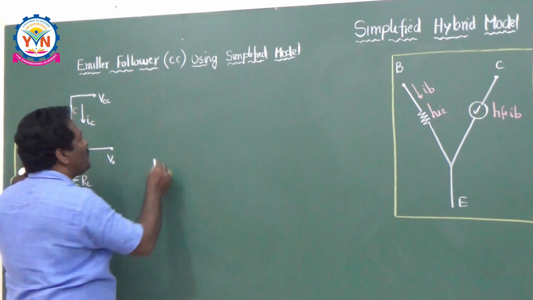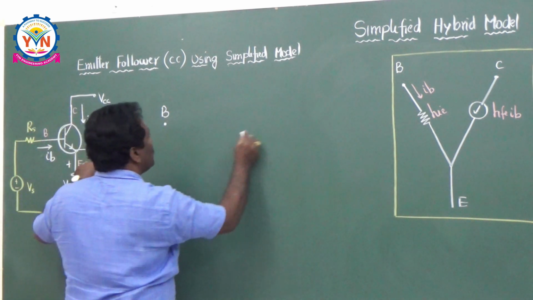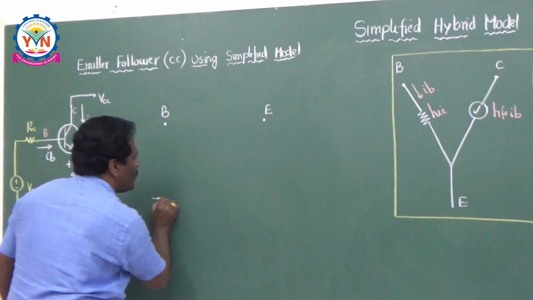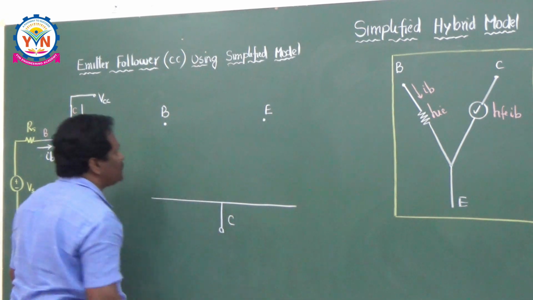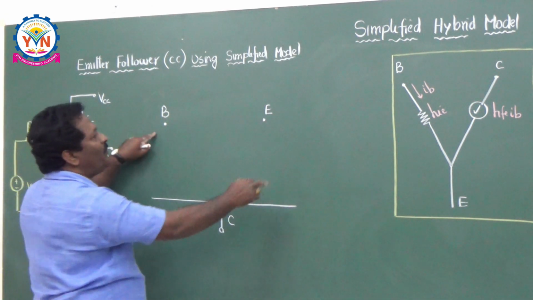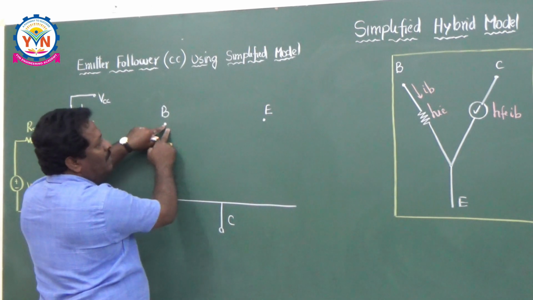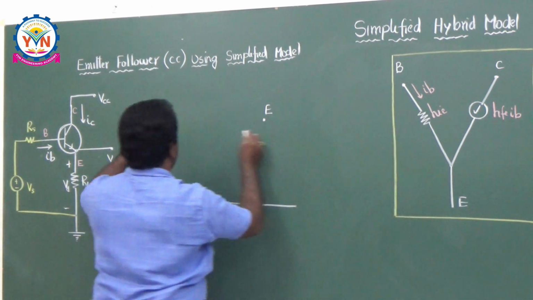So, what is the input for this? Input is the base terminal, output is the emitter, and collector is common for both input and output, as it is a common collector configuration. Using the simplified hybrid model, between the base and emitter you are having HIE.